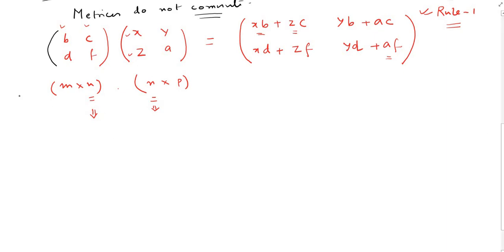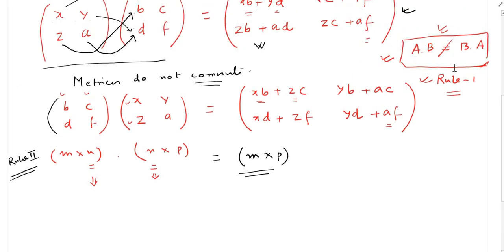Very important concept. I'll write it as rule 2 so that you can remember it easily. When we multiply these, you will get a matrix of m into p dimensions. So this is our rule 2. Two very important rules.